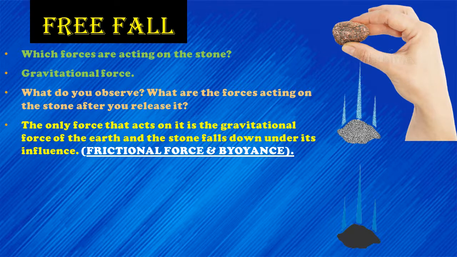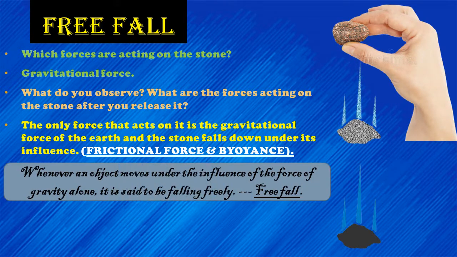Apart from the gravitational force of the earth, when the stone is falling towards the ground, the frictional force due to air opposes the motion of the object, and a buoyant force also acts on the object.